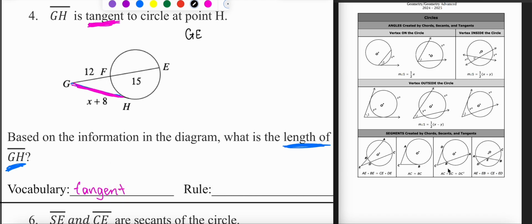Come back to our formula. This means multiply. Multiply BC. So this BC would be right here. So this BC is the part that is outside of the circle on this line. So for BC, our BC would be GF.